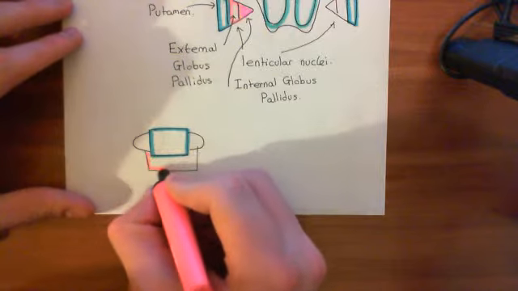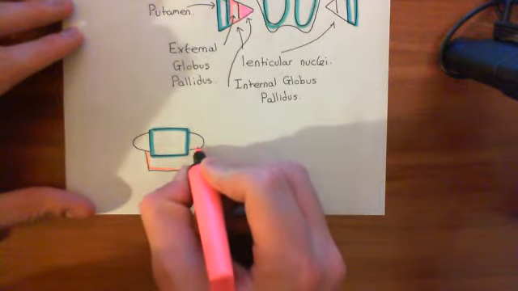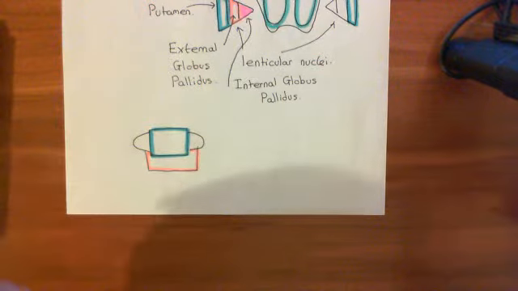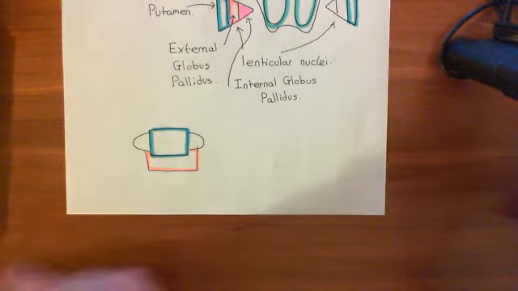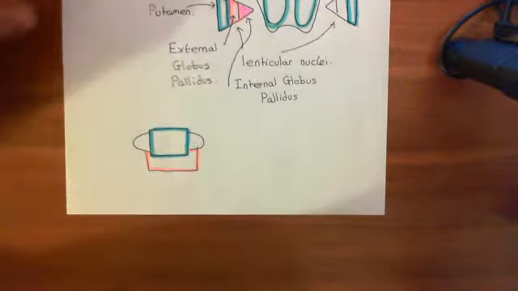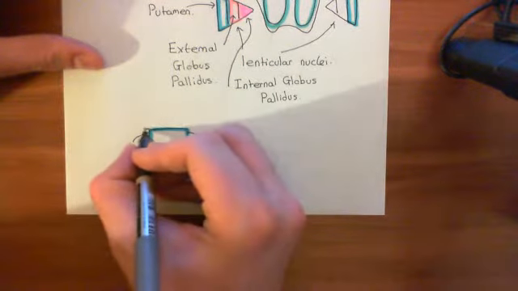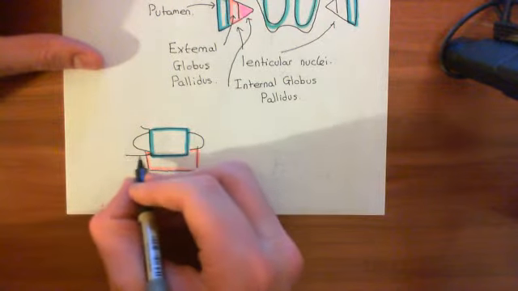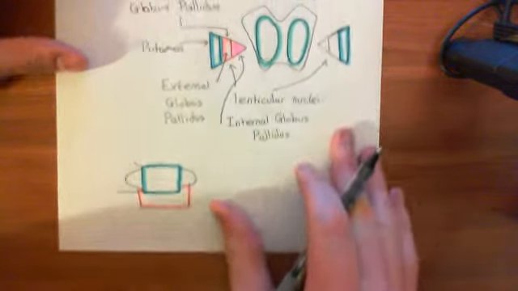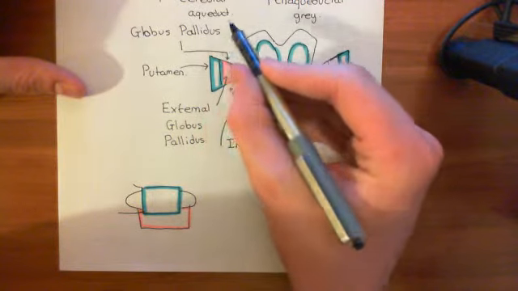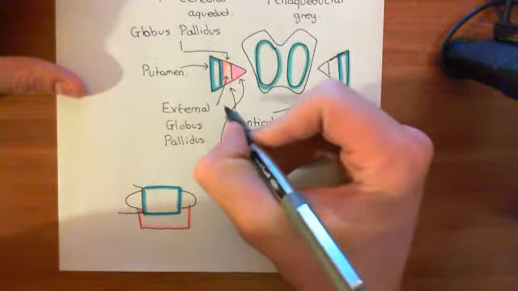And now I'm going to show you the structure which joins on to the putamen, and this is where we're going to see the nucleus accumbens. I don't think I will colour in the thalamus, at least not yet. So basically there is a large structure that joins on to the putamen on this anterior aspect. So basically joining on here, there is a huge great structure that's going to come round and down.